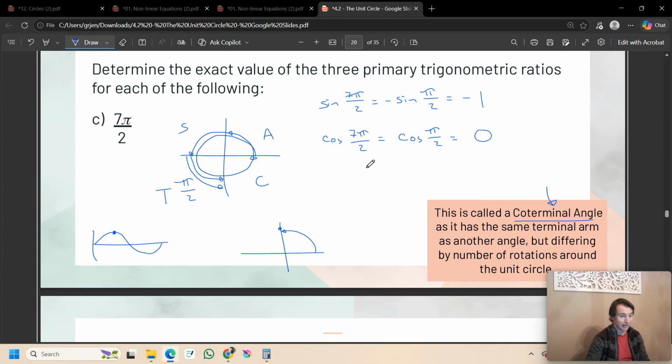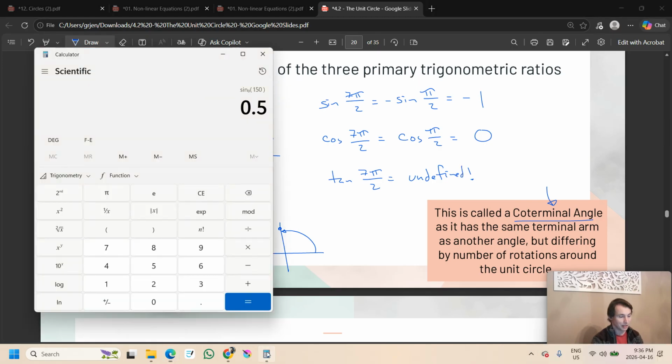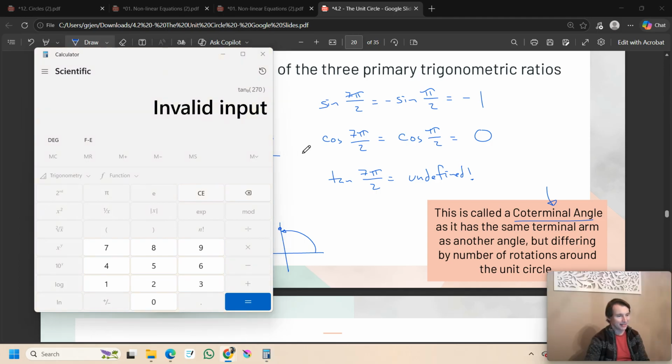All right, and then tan. Tan of 7 pi on 2 is equal to, well, what's the tan of -270? It's equal to undefined. Okay, so 270, but I take its tangent, undefined. Why? You tell me.